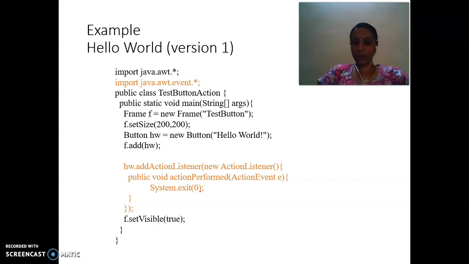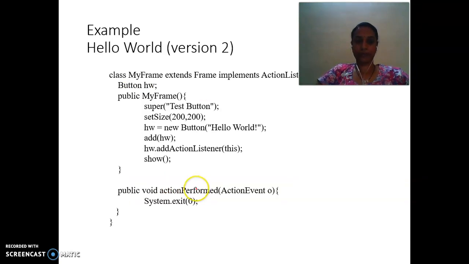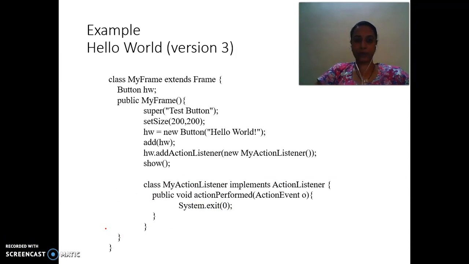Okay, so now let's observe. So you write whatever you want inside the actionPerformed event. Okay, this is the second type of writing the program. So inside the program, whenever you write implements ActionListener, addActionListener, and then write actionPerformed, that simple is the program.